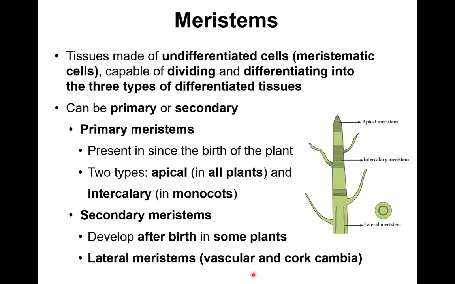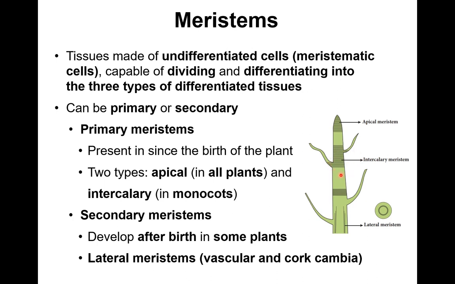This is driven by two types of meristem. We have the apical meristem, and the naming comes from the location. Apical meristems are found at the tip of the shoots or the roots, the stems or the roots, and they drive the growth along the length of the stems and the roots.